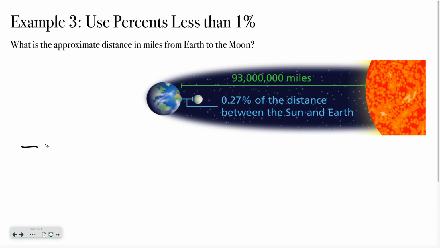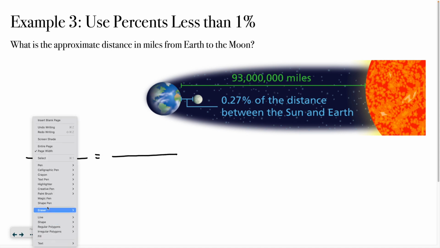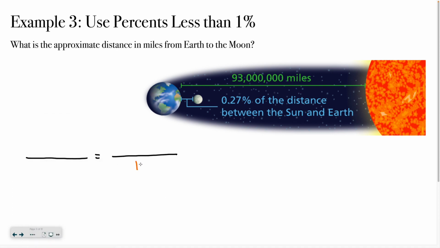Okay, so what I'm going to do is I'm going to give myself more space than that. I have, again, the same thing that I've been doing. I have 100%, okay, and that 100% distance is that 93 million miles, right? That's the full distance that I know.